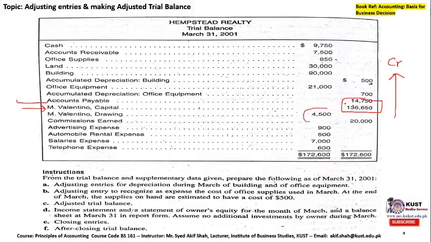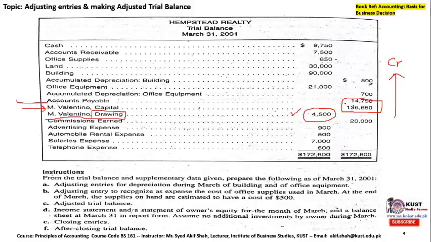As there was a decrease in the owner's equity with the title of M. Valentino Capital, a drawing, what we specifically write down, the drawing means that the owner has taken or withdrawn money from the business organization. How much?